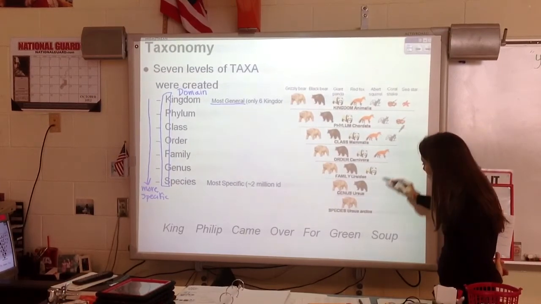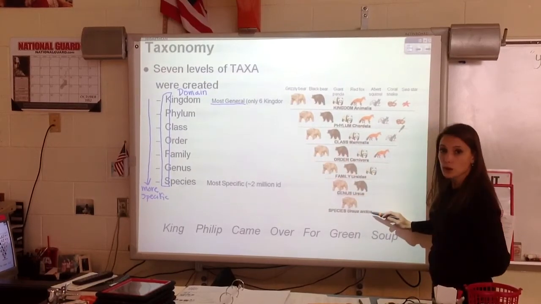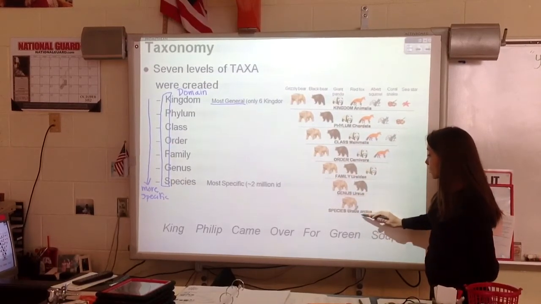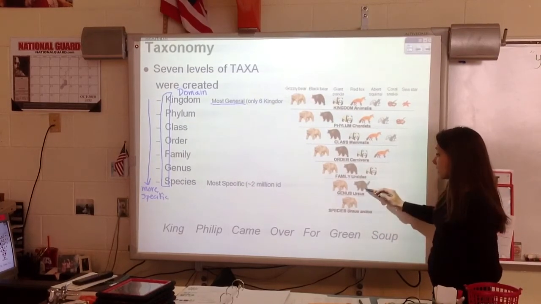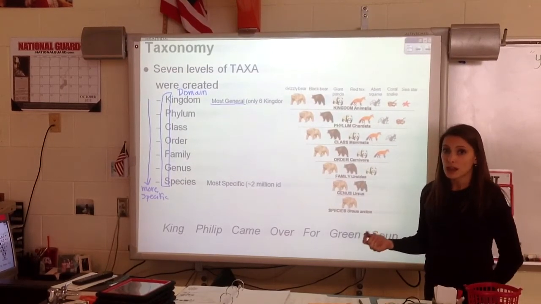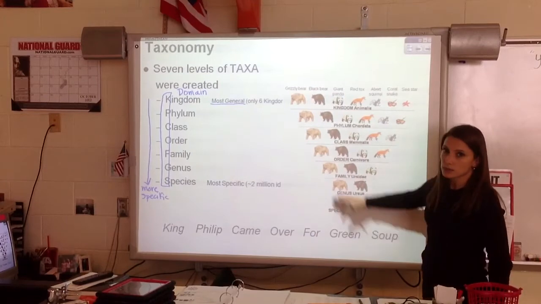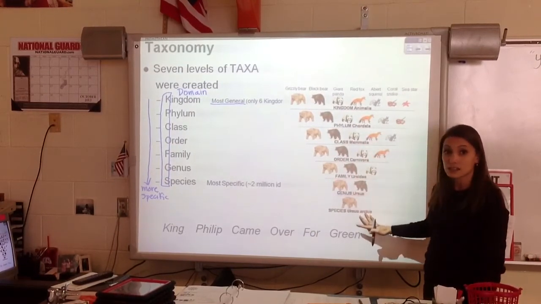And we get more and more and more specific until we get to the name of a single organism, Ursus arctos, which is the polar bear. The polar bear is related to the black bear. They share the same genus. So what you're going to do in the computer lab today is you're going to do some examples of this. You're going to work through kingdom, phylum, class, order, family, genus, and species.